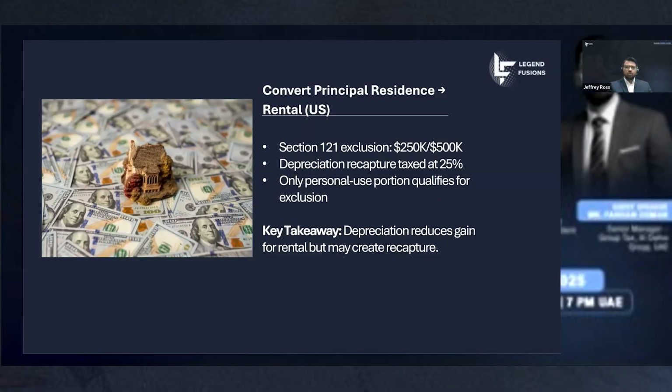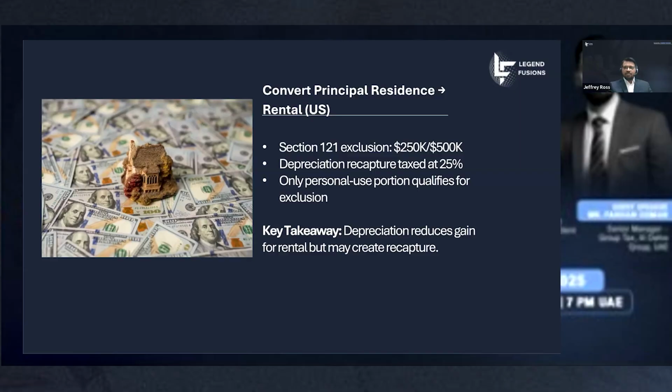In the US, again, there is a 2 out of 5 years rule that will apply. The IRS gives a nice tax break on the sale of your primary residence called the Section 121 exclusion. If you have owned the home for at least 2 years out of 5, that will remain your principal residence.